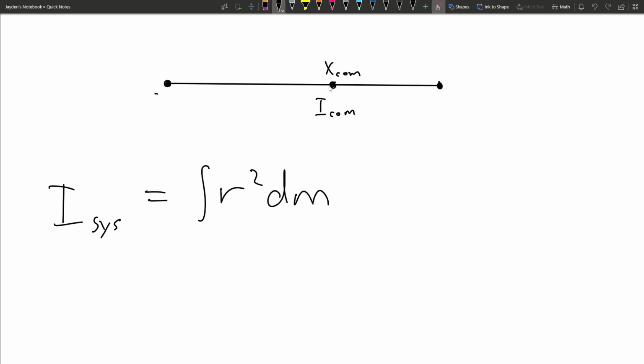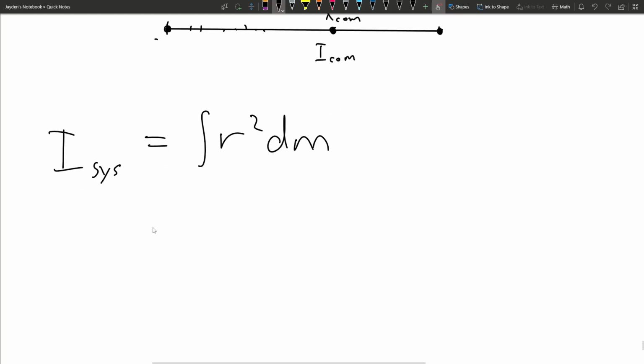So from this point, we have a lot of little dm's. We've got a dm over here and a dm over here, and pretty much each of them has a different R squared value. So what we can do is use the parallel axis theorem to find the rotational inertia about this one point that we established.